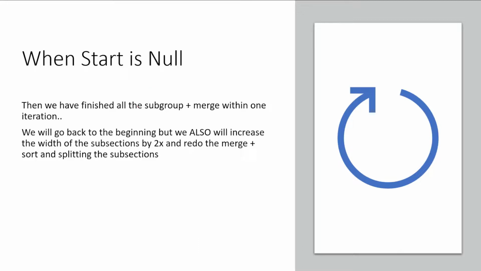That way we start at 1, go to 2, go to 4, go to 8, go to 16, etc., until those subsections are greater than n. So that's why it's still log n. We're increasing by the power of 2, just like on that top-down approach we were decreasing by the power of 2 every time we called that recursive merge sort.